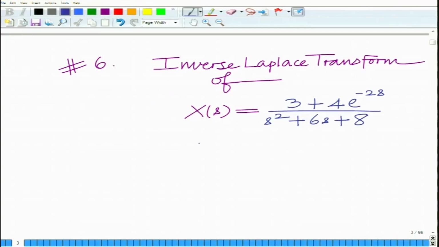Now, it is given that the ROC of this signal is real part of s greater than minus 2, which basically implies that this is a right handed signal.